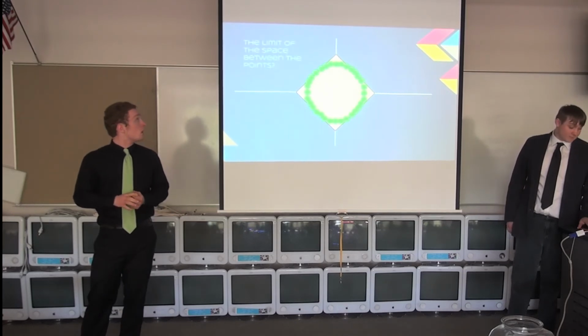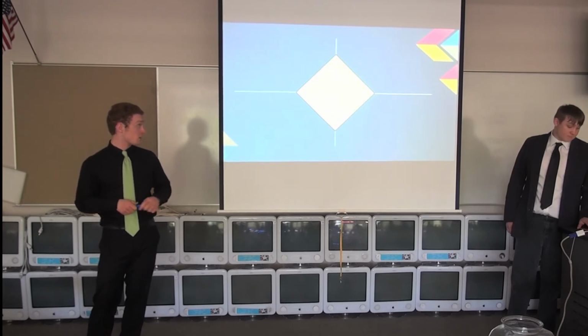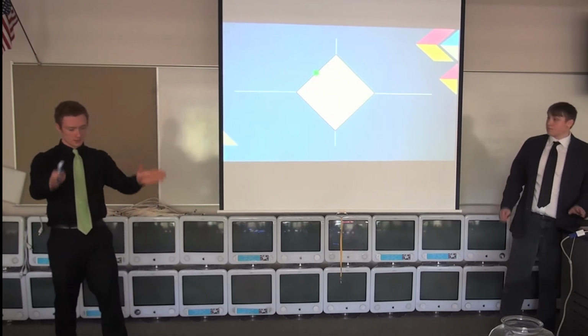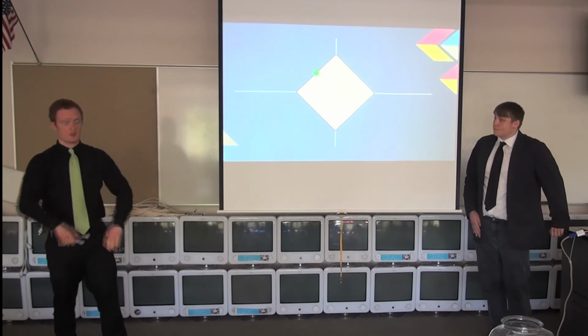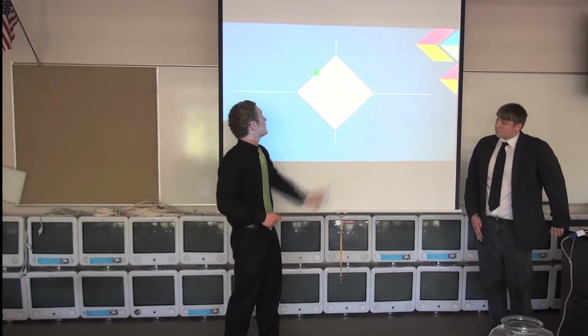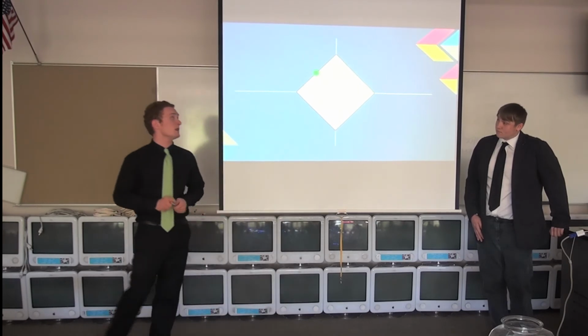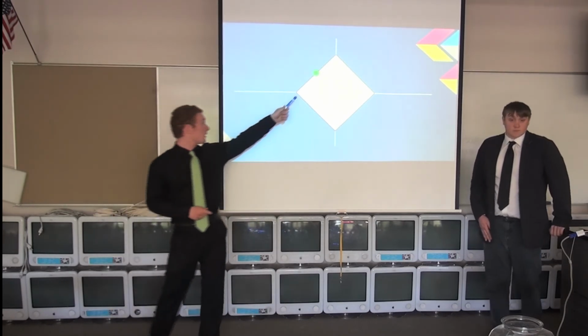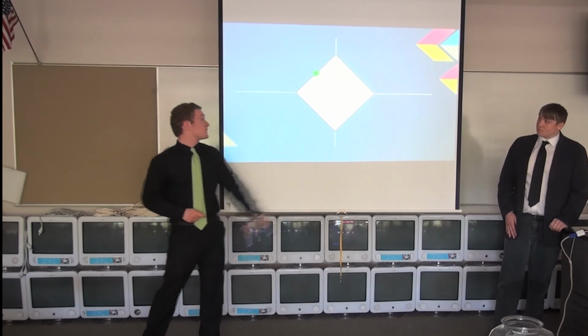Another calculus observation is that eventually, as the circle is created within that diamond, the midpoint right here, negative 2.5, 2.5, is tangent to the line right here, which I thought was interesting.